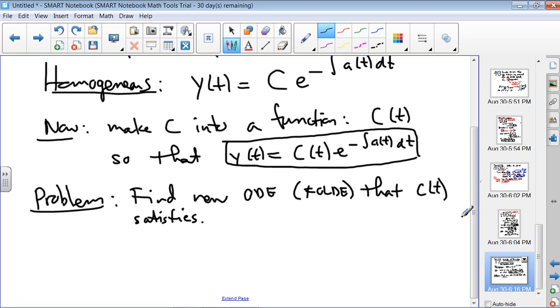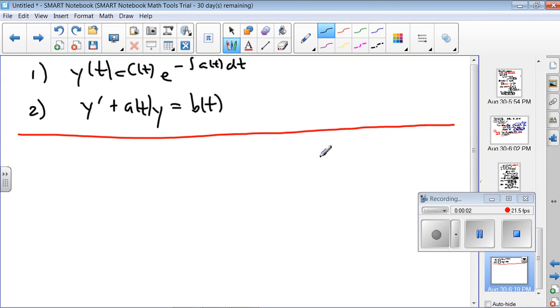So let's see how we can relate this equation and our new variation of parameters equation together. So we know that this is the same y that solves this equation. So we can just try to come up here from 1 and try to find the derivative of both sides. On the right-hand side, we have a product of functions.